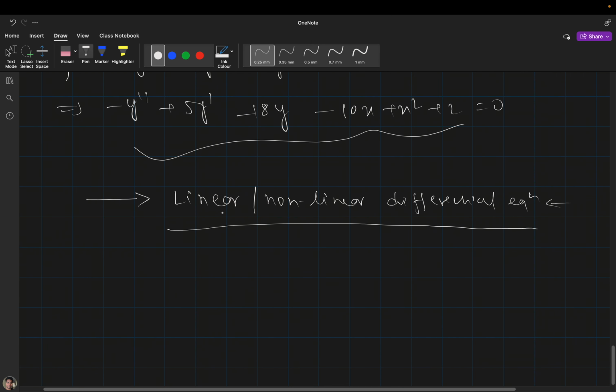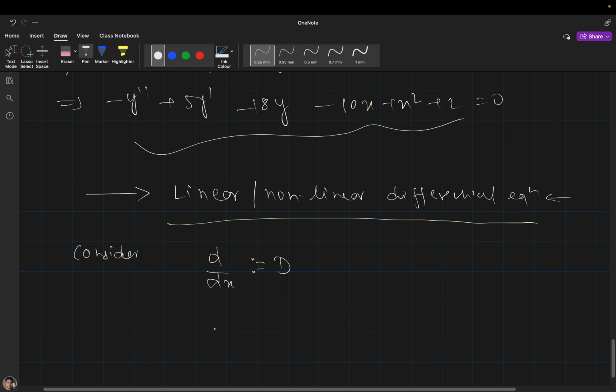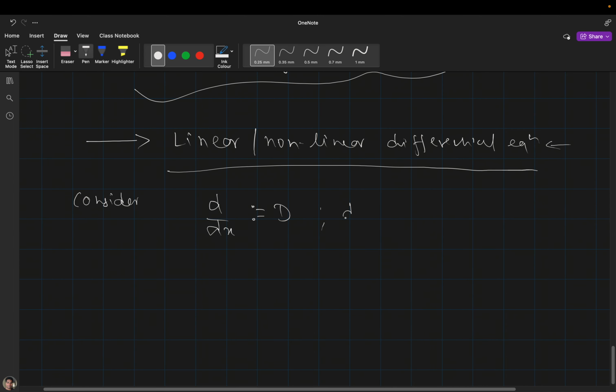To understand that, first I will consider some operators. I will consider d by dx as capital D. Similarly, d2 by dx square as D square, and so on.